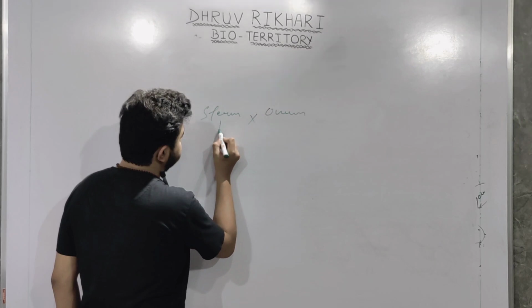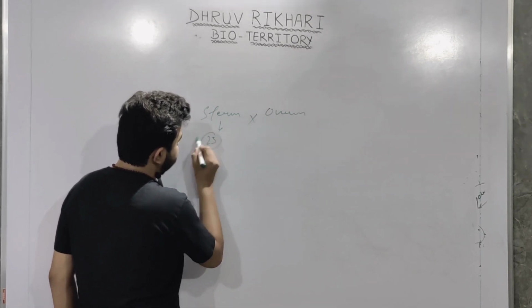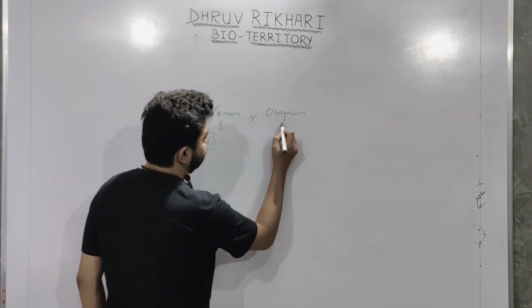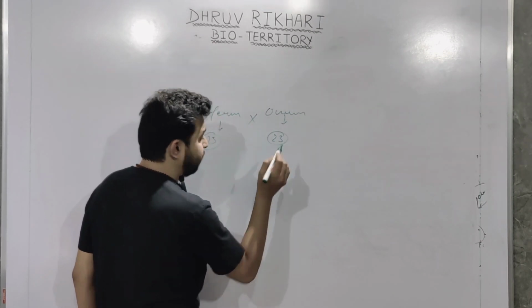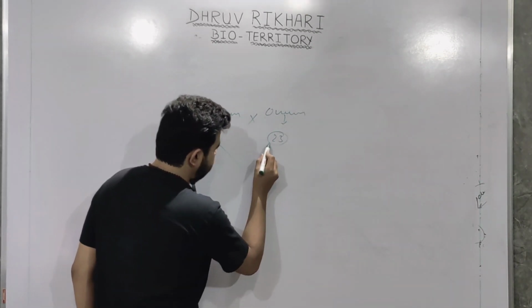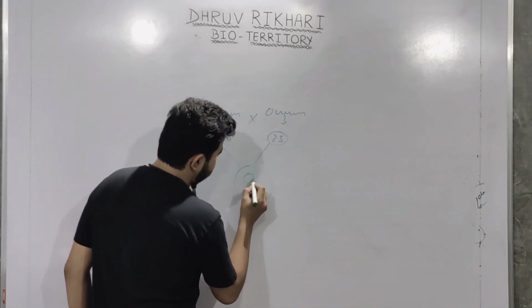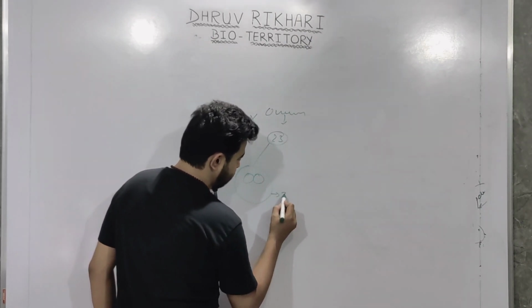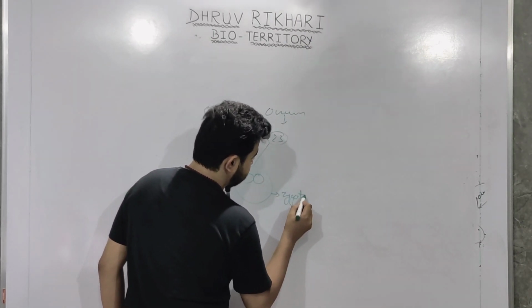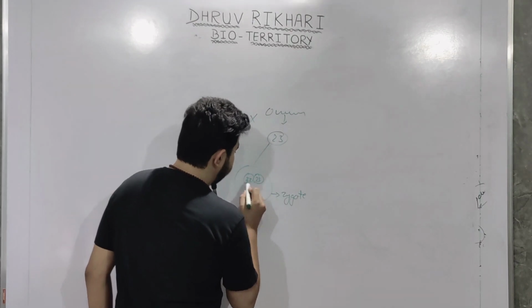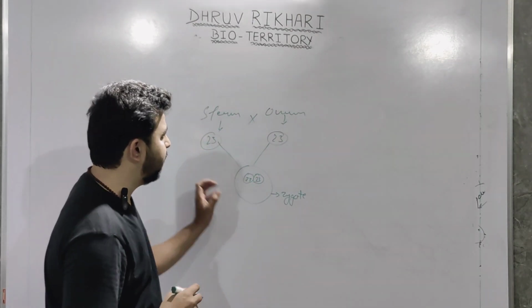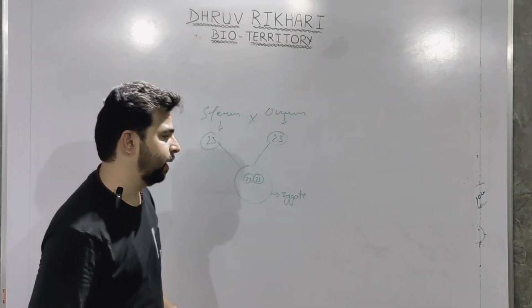Now when fertilization takes place, we already know that the sperm has half the number of chromosomes. Ovum also has half the number of chromosomes. When the fusion takes place, they will form the zygote, which has 23 chromosomes from the male and 23 chromosomes from the female parent.